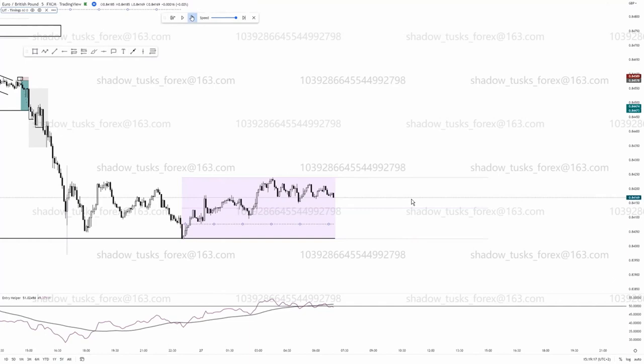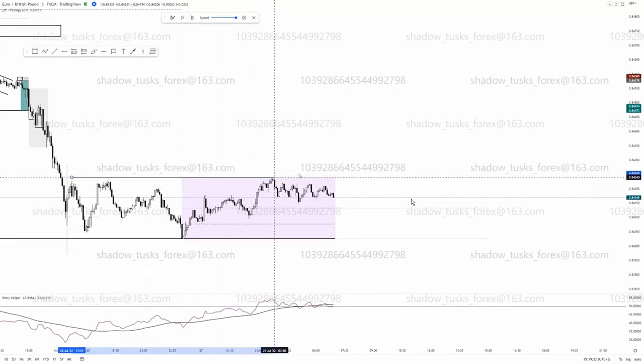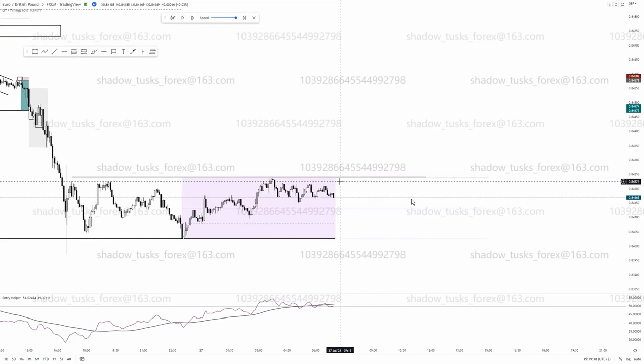So let's do exactly the same. We know we have liquidity lower. Potentially this could be an inducement, or potentially could be liquidity. Given that we have multiple reactions here, I'm expecting that it will be liquidity.